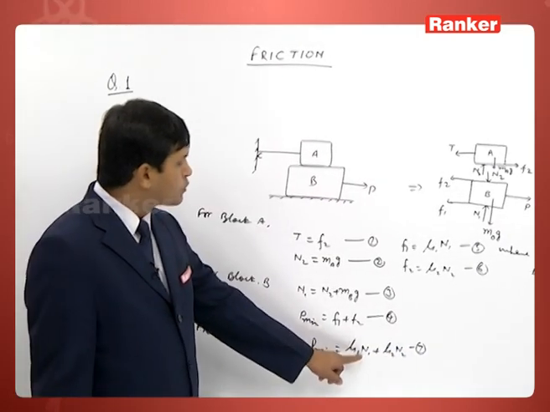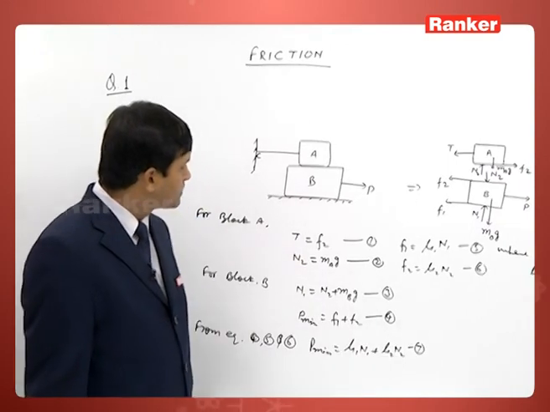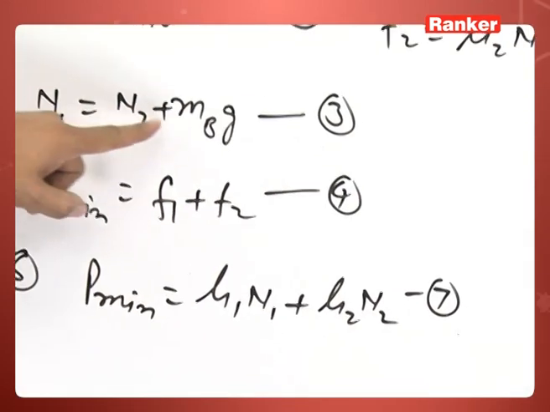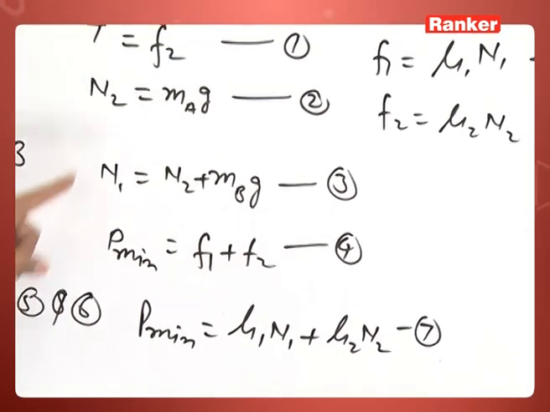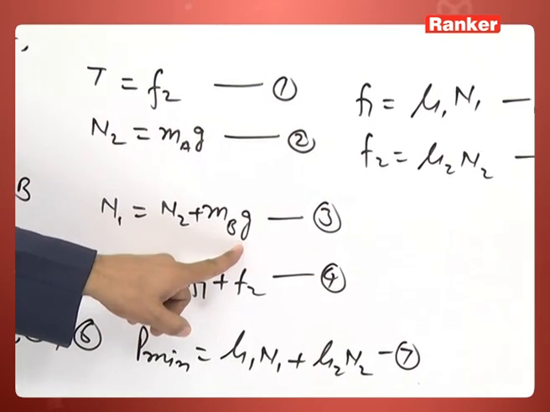Now, how to get the value of N1 and N2? N1 is N2 plus MBG and N2 is MAG.